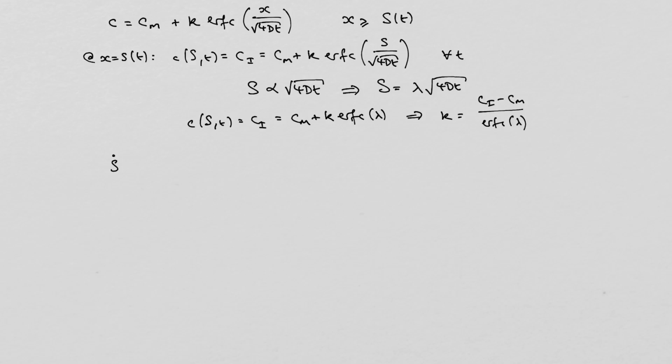was supposed to be limited by the flux. Now, from our ansatz, from what we've assumed the function of S is, we can now take a time derivative, and so S dot is lambda over 2 times root 4D over t, like that. Which implies, if we put that into our conservation equation, if you remember, this was C_p minus C_i times S dot, which had to be equal to D times the derivative of the concentration.